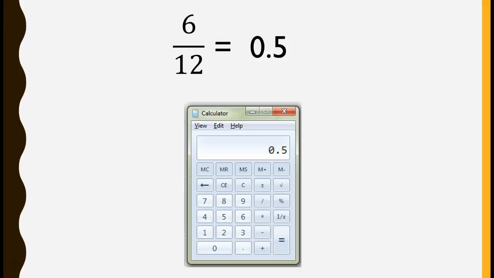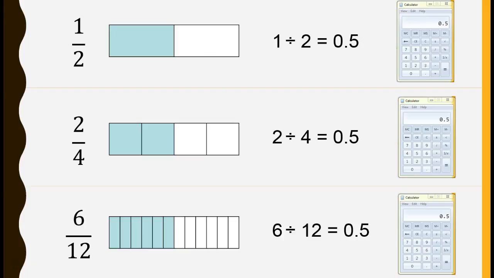Wow, so you can see by using division and changing fractions into decimals, you can quickly see that these three fractions are equivalent because they have the exact same decimal value. That is really helpful when comparing fractions, so don't forget that.